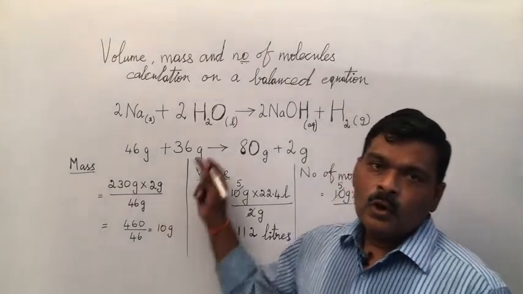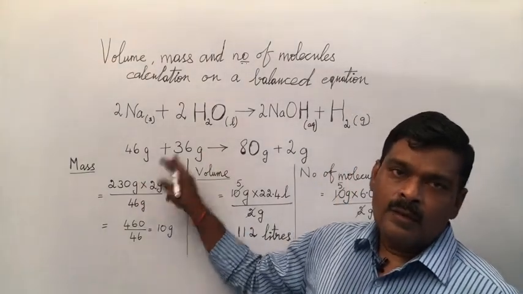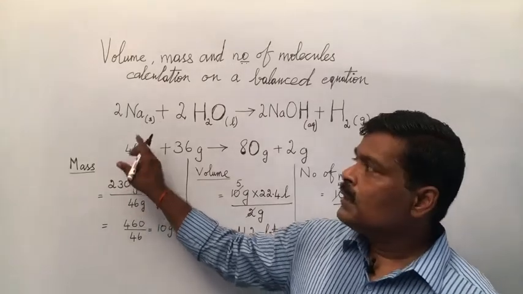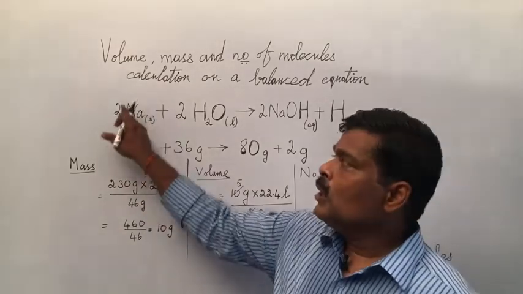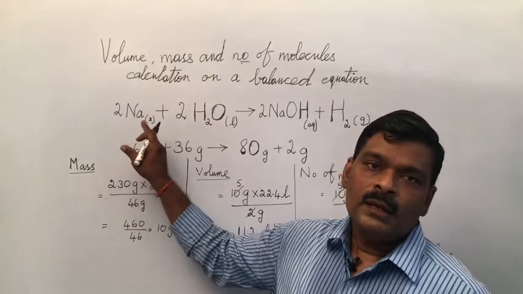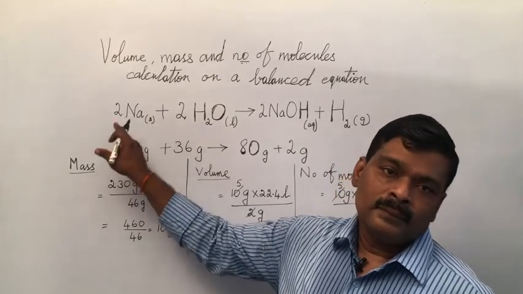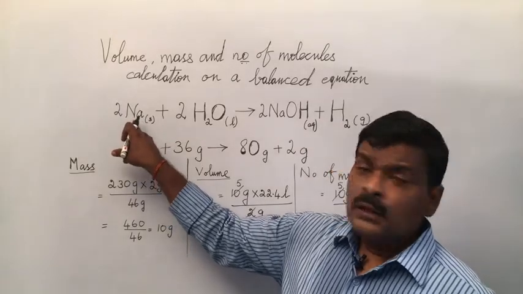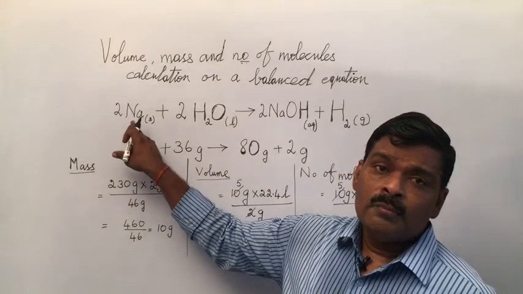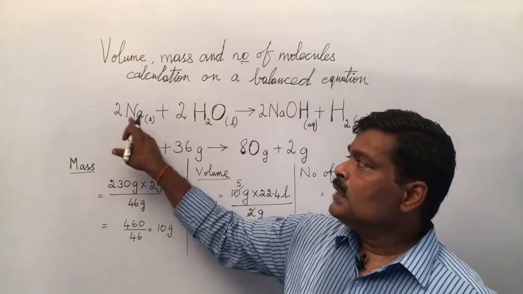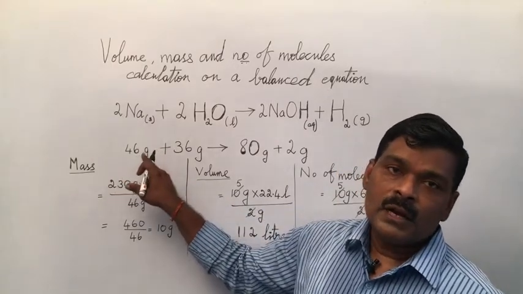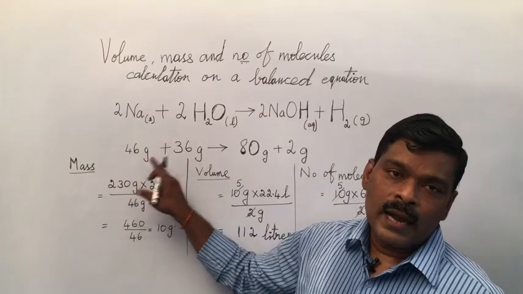Now we are going to calculate its values in gram molar values. What are the gram molar values? Every molecule has its own molecular mass that should be multiplied with its coefficient. So here sodium's unified mass is 23, multiplied with 2, we get 46 unified mass, which is converted to grams.